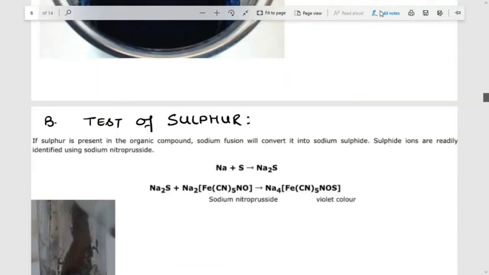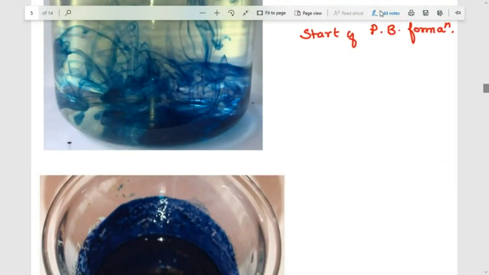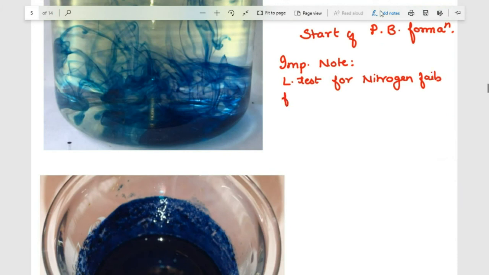Now, what compounds do not give Lassaigne's test? Let me give you this important note. Lassaigne's test for nitrogen fails for, first, inorganic compounds.